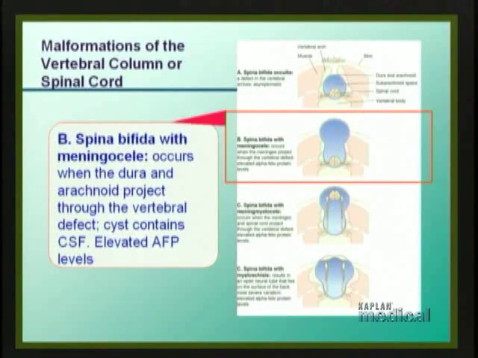And during the pregnancy, there will be normal levels of alpha-fetoprotein. So it's basically the asymptomatic, hence the term spina bifida occulta, the hidden form of spina bifida because of its lack of neurologic symptoms.